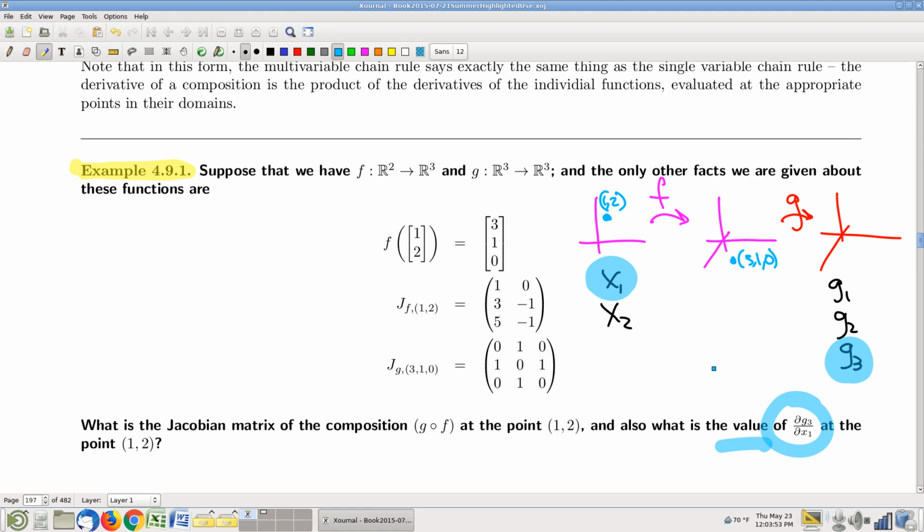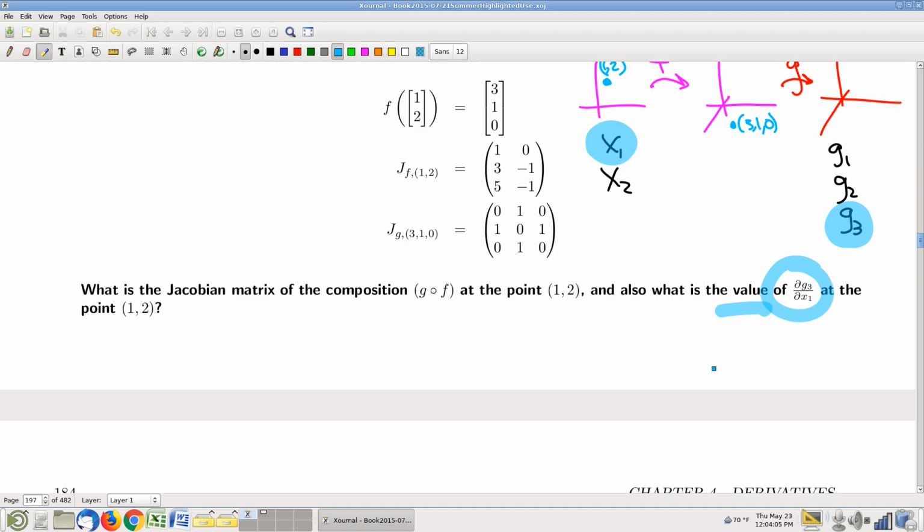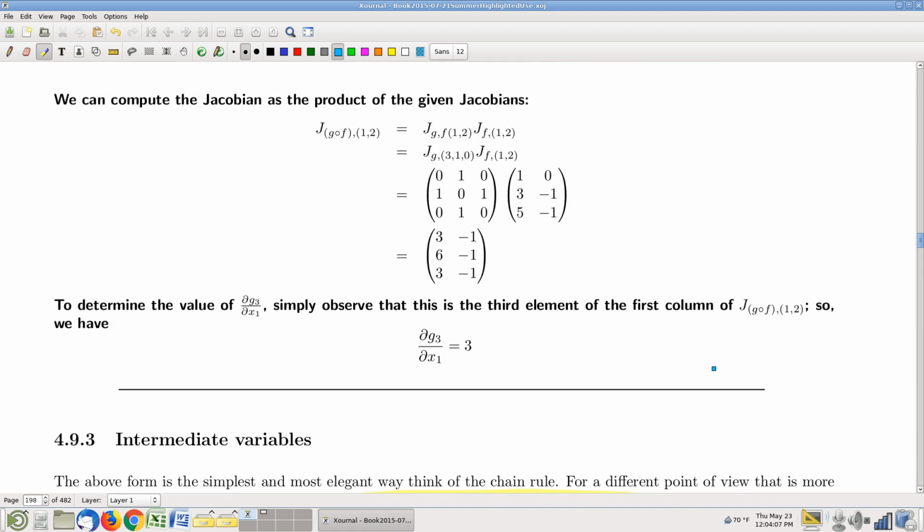We want the partial of g3, the third output variable. Therefore, we want the third entry in that first column. And looking at our product, third entry in the first column, boom. Everybody okay?